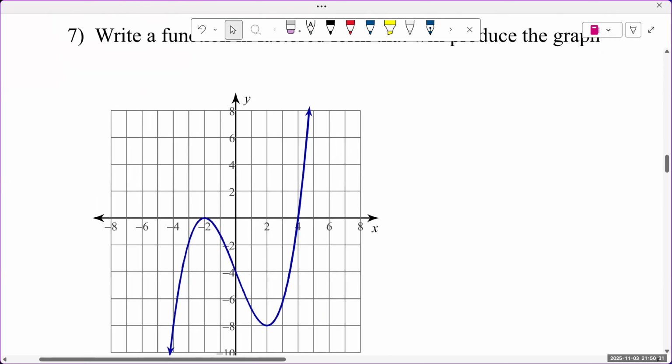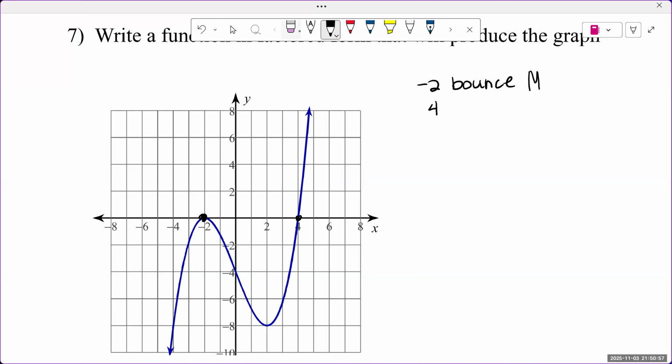Write a function that produces this graph. This was actually on your week 5 exam. Okay, so we have our zeros. So the zeros are -2, and we see a bounce, and +4, and that one does not have a bounce. So if it has a bounce, it is multiplicity 2.